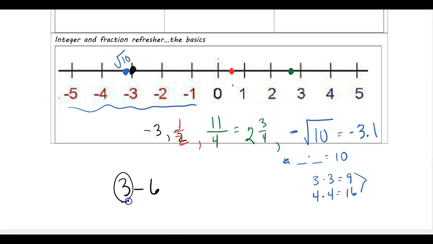You're starting at +3, and if you're taking away 6, you're going backwards 6. So you're not adding 6 this way, you're taking away 6. So 1, 2, 3, 4, 5, 6, and you would end up at -3. So you might already remember that from last year, but just in case, that would be how you could do something like this if I give it to you.